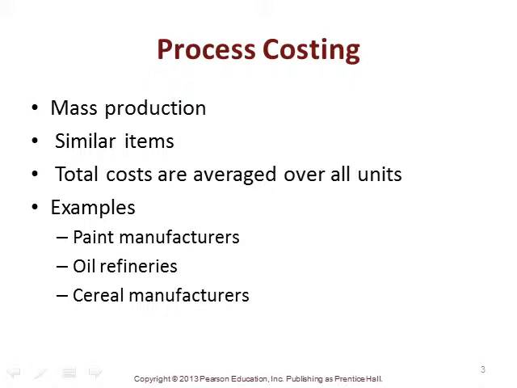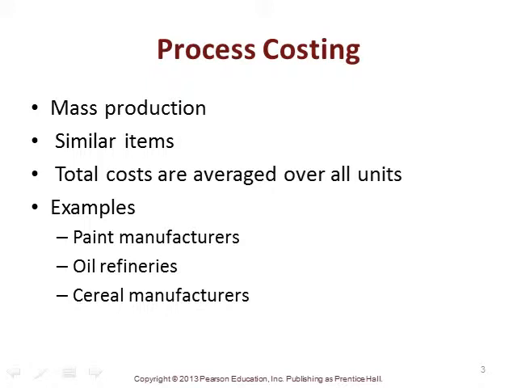Good examples of that are paint manufacturers or oil refineries. Barring product line differences like premium versus regular fuel, the cost to produce 1 gallon of fuel versus the gallon of fuel next to it are not items we need to track individually. We just need to understand what our cost is to produce that lot of fuel.